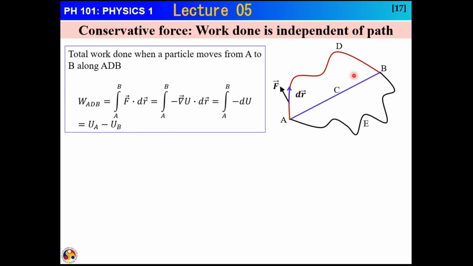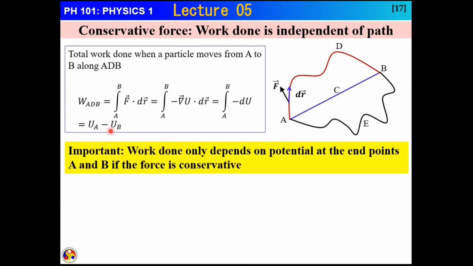That's all. So whatever path you take, it doesn't matter. Whether you go from point A to point B using path E or path C or path D, the outcome is going to be UA minus UB. So the total work done is path independent. Work done only depends on the potential energy at the end points A and B if the force is conservative.